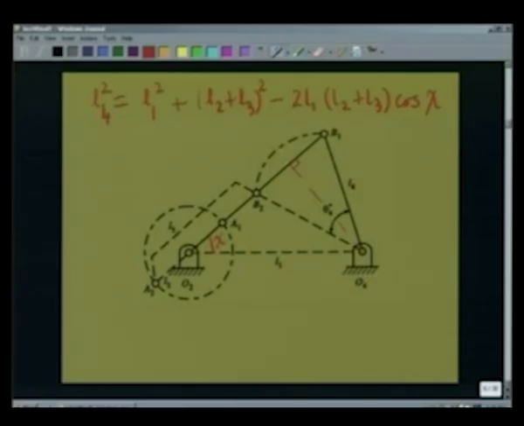Now, let me call this point say D. We can easily see that B1B2 is O2B1 minus O2B2.